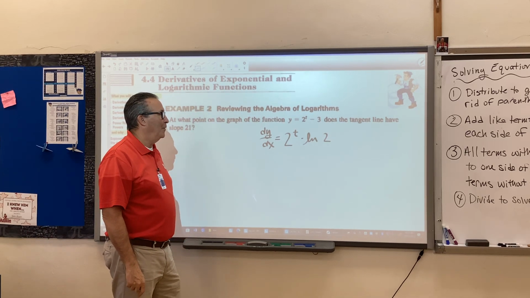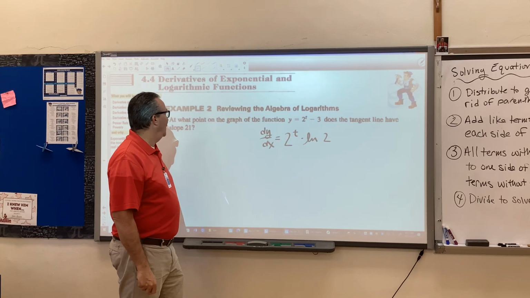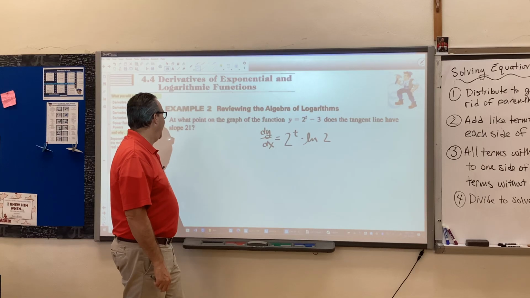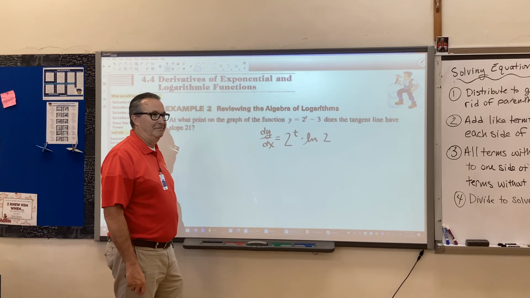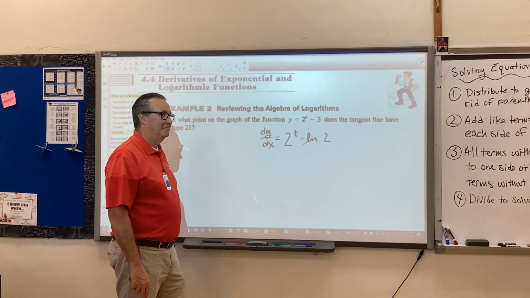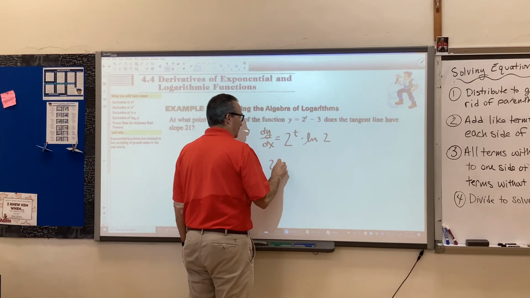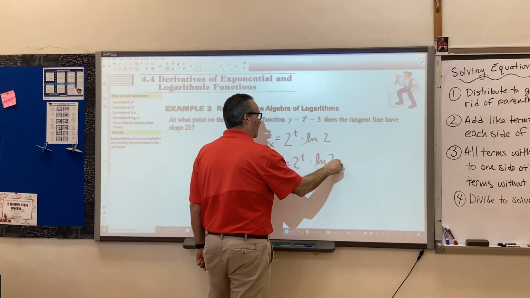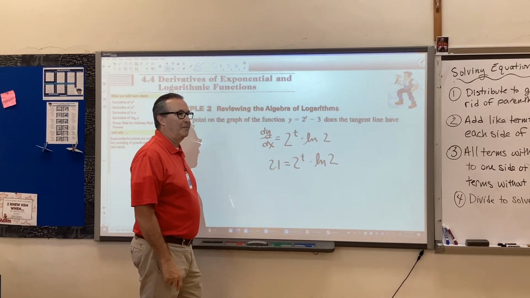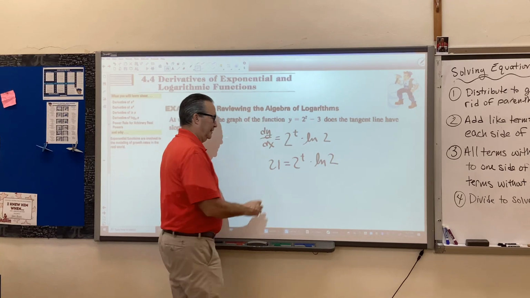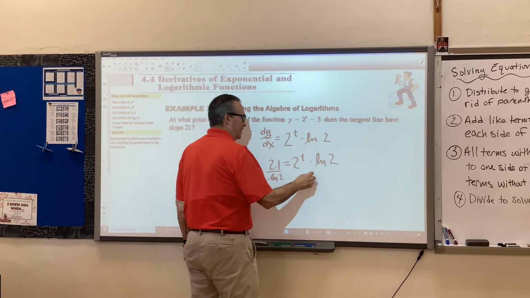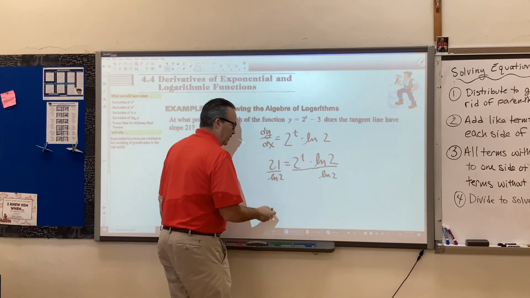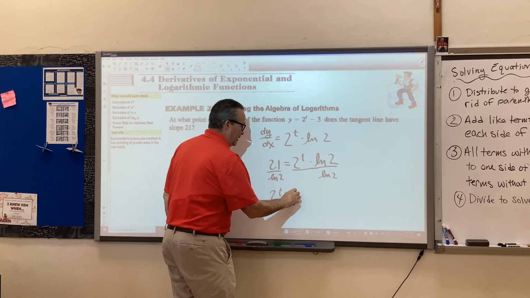And we want to know at what point on the graph the tangent line has a slope of 21. So we put 21. 2 to the t times natural log of 2 equals 21, so 2 to the t is this weird number.